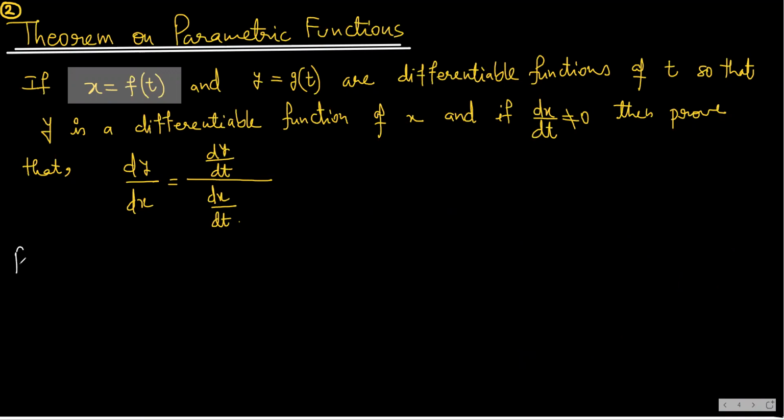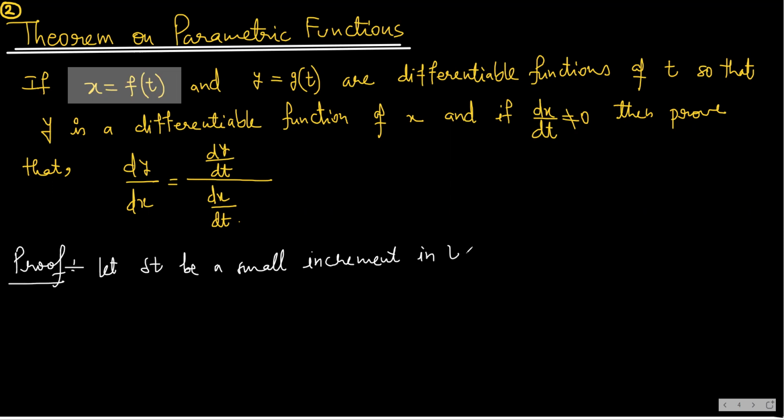My next step is, see, my proof will start. And how will I start my proof? I will write here, the first step is: let delta t be a small increment in t, and then the corresponding increments in the other variables.